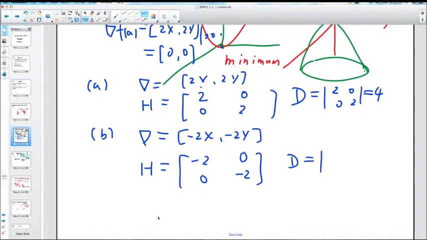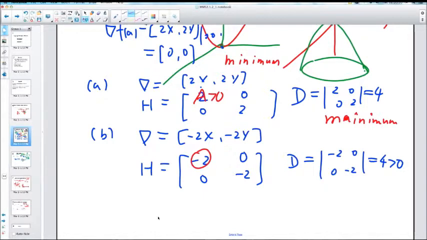And then D equals 4 again, positive. See, the difference is the A. Where's the A? This is the A. This is positive, so the first one you get the minimum. And this one, the A is negative, you get the maximum.